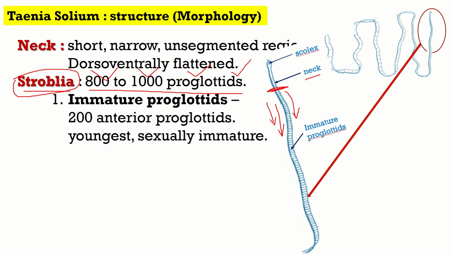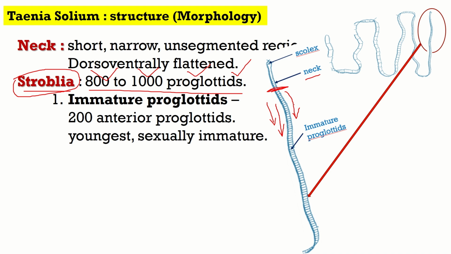Thus, in the strobila, the anterior proglottids are the youngest, and toward the posterior side they become the oldest. Neighbouring proglottids are attached together by longitudinal muscles, excretory ducts, and nerve cords.